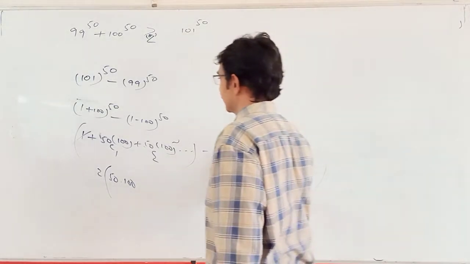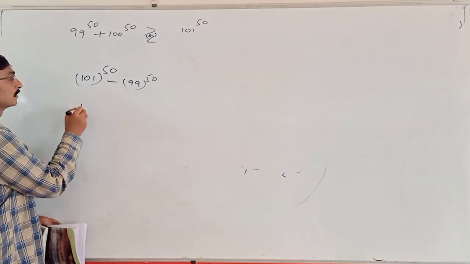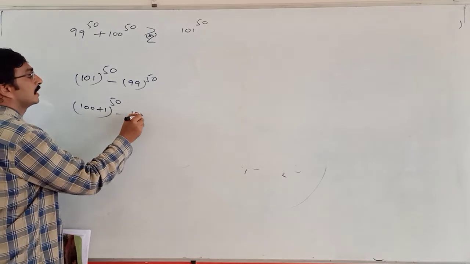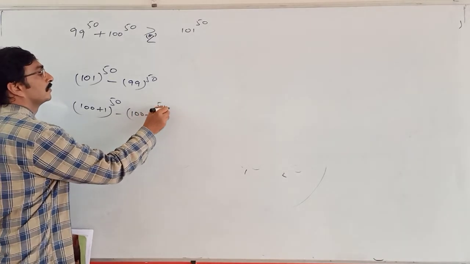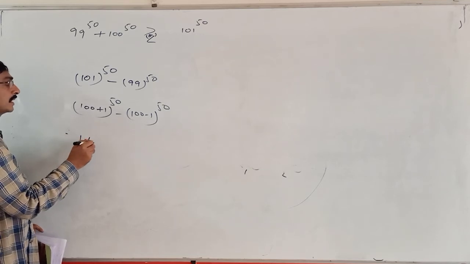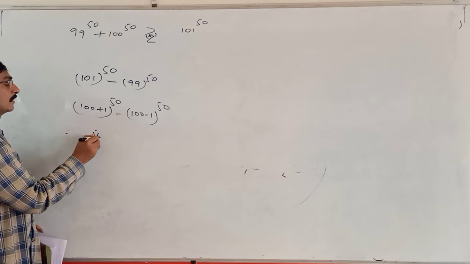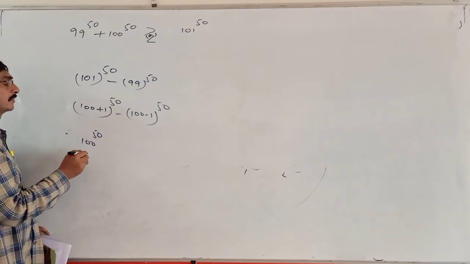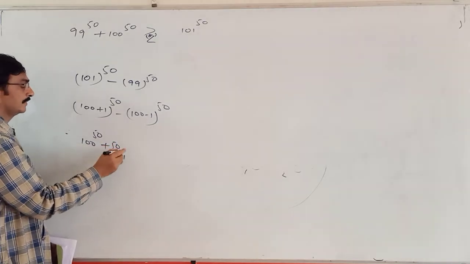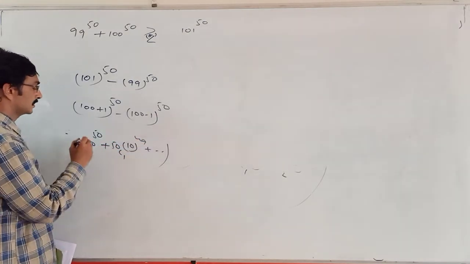See, not 1 plus 100, but 100 plus 1. 100 plus 1 whole power 50 minus 100 minus 1 whole power 50 equals first term 100 power 50, second term 50 C1 into 100 power 49 and so on.